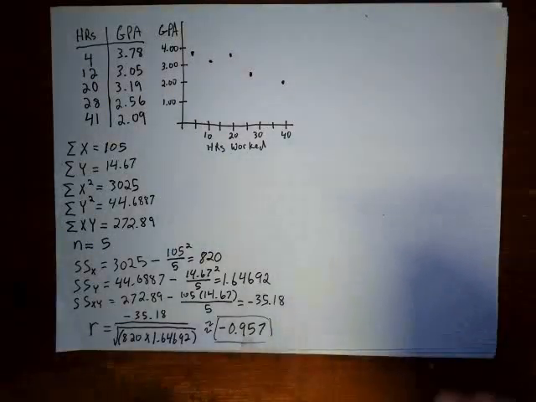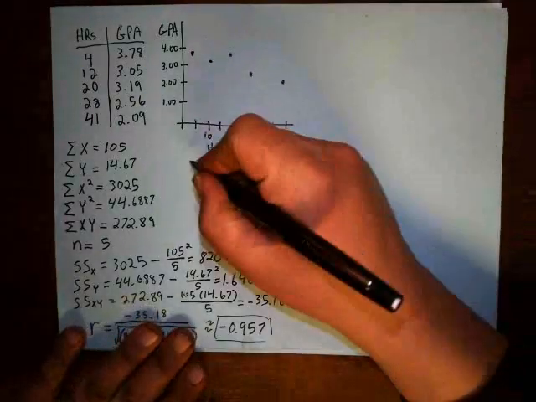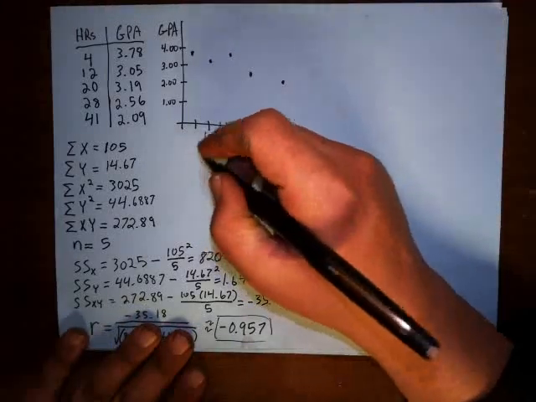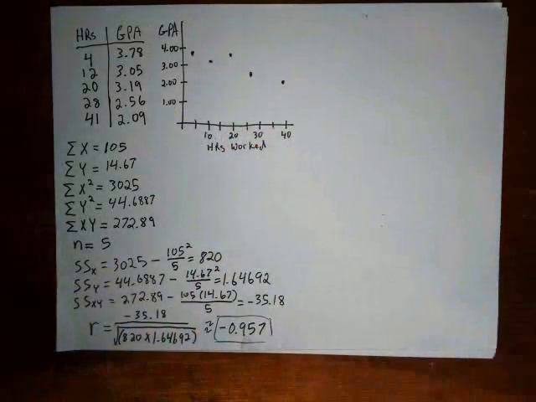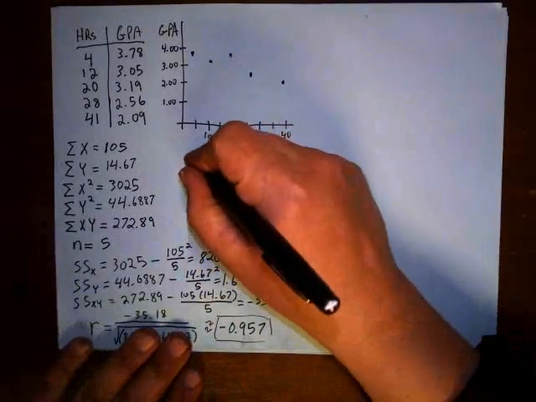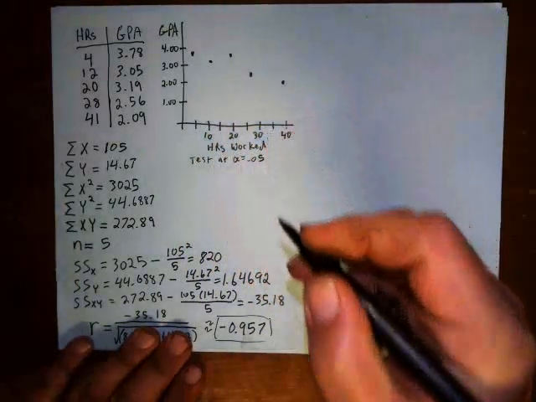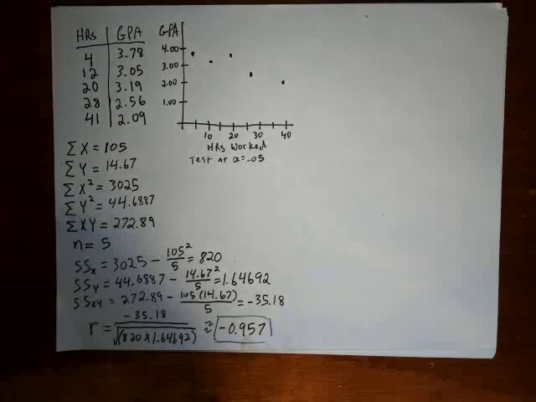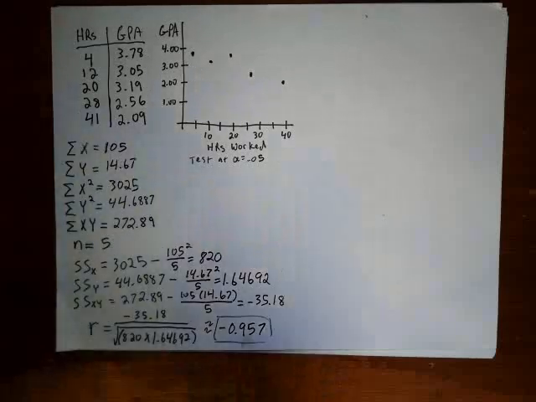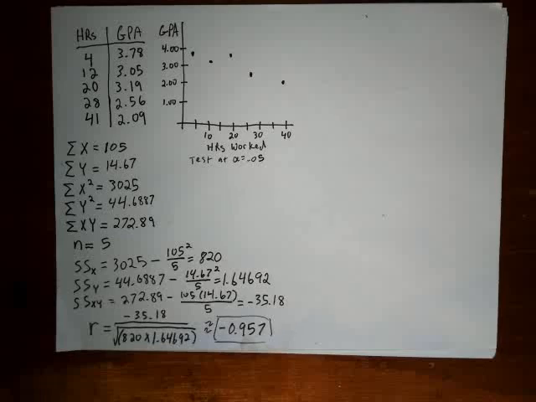Okay, so let's go ahead and give this a try. Oh, you know what? I did not give you a critical value, did I? I meant to say test at alpha equals 0.05. If you didn't know what to do there, you can pause and start it up again, or maybe you just check both of them, because in this case I think you're going to reject at both significance levels.